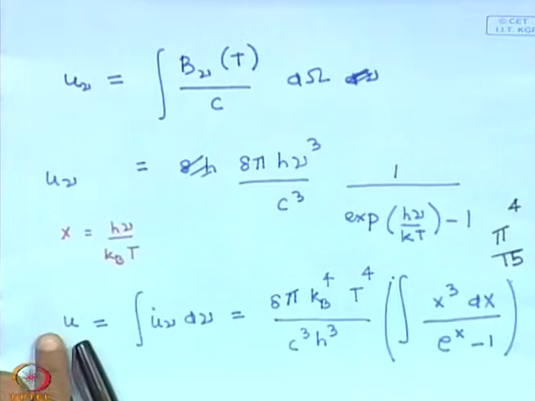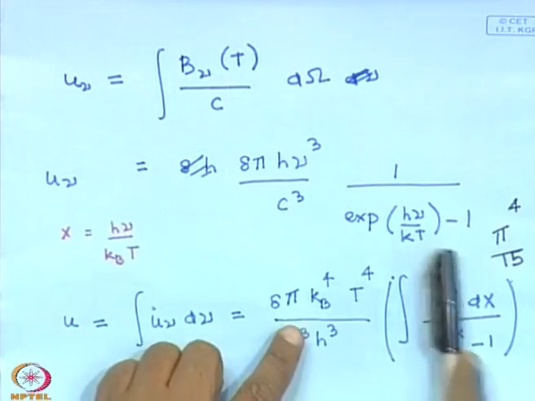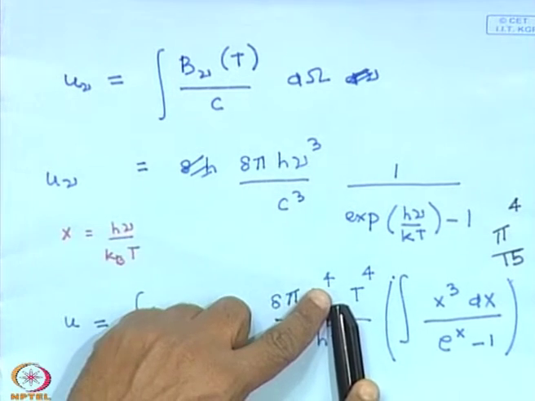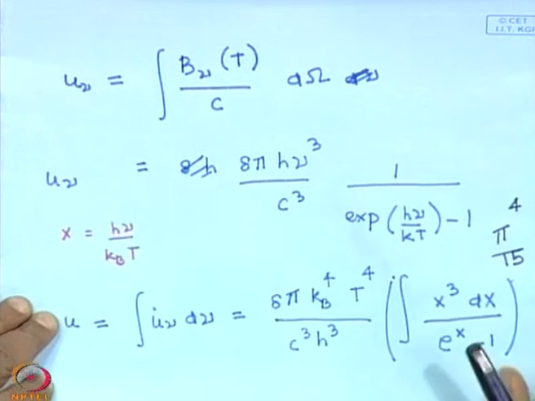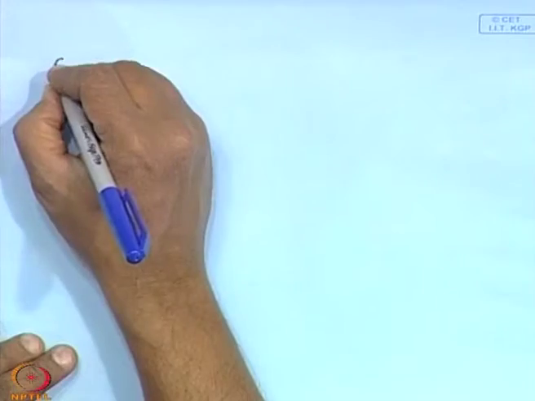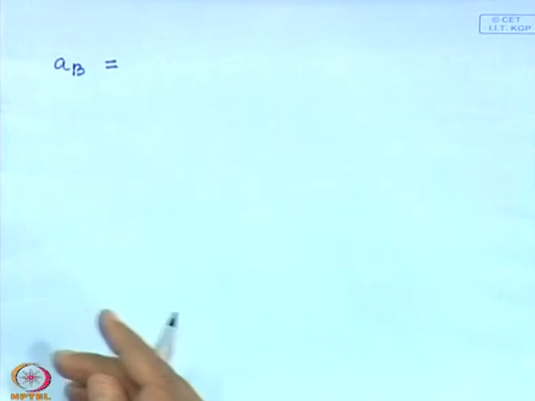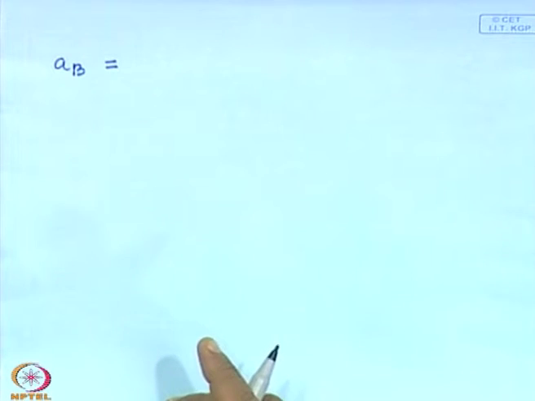Okay. So, now you see the energy density is some constants into T to the power 4, and these constants we had given the name the Stefan constant. So, we can straight away identify what the Stefan constant is. The Stefan constant A b is equal to, let us identify what it is.